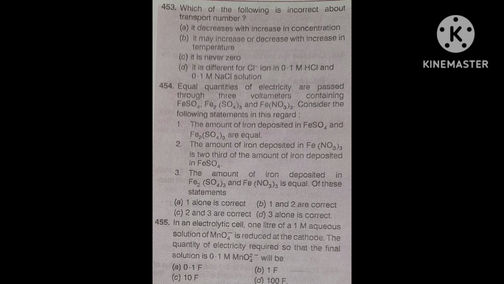The quantity of electricity required so that the final solution is 0.1 M MnO4 2 minus will be: first option 0.1 F, second option 1 F, third option 10 F, fourth option 100 F.